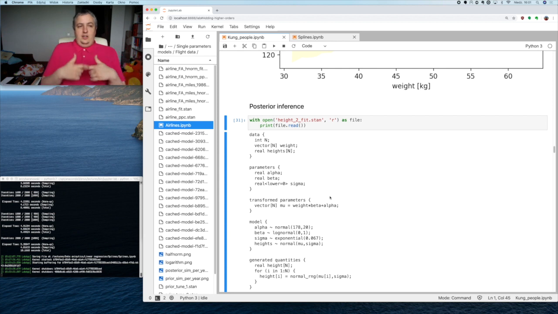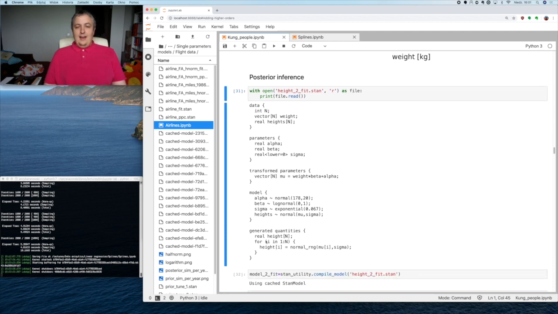So this will be a vector of means for all of the samples that we are interested in, and our model consists of priors, as we stated before. For the intercept, normal with mean 178 centimeters and 20 centimeters of standard deviation. For beta, log normal with 0 mean and 1 standard deviation. For sigma, exponential with mean of 15. And heights will correspond to our model.